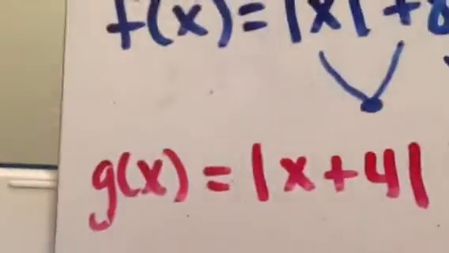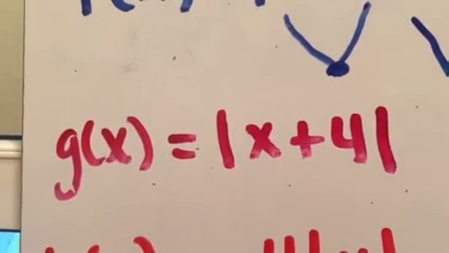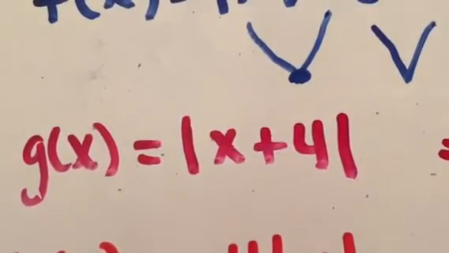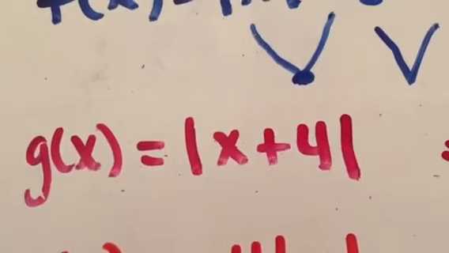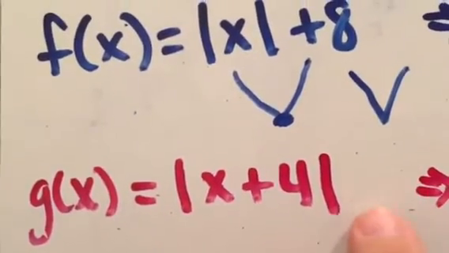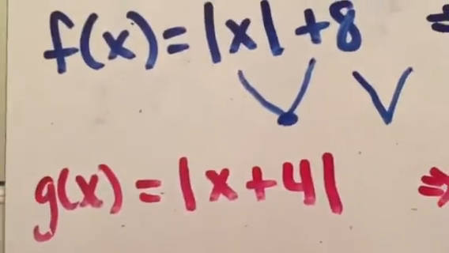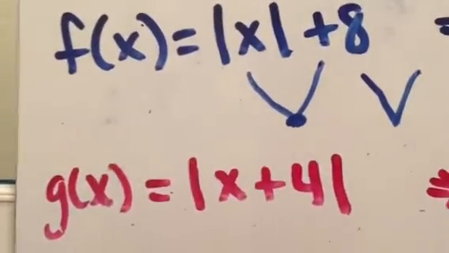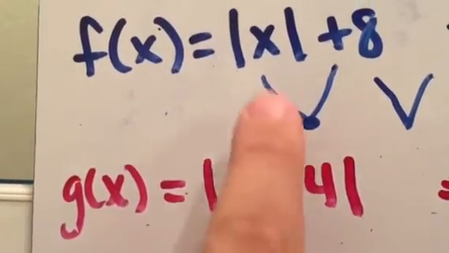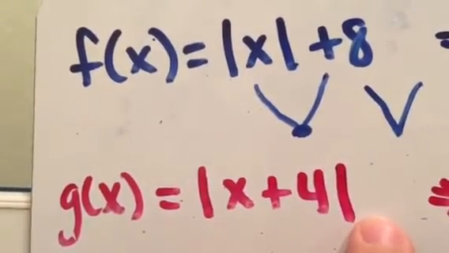Another example is another function we did yesterday: g of x equals the absolute value of x plus 4. This time I do have something inside my absolute value with x, a plus 4. I don't, however, have anything on the outside like I did up here. So my vertex should contain a 0 because there's nothing on the outside.